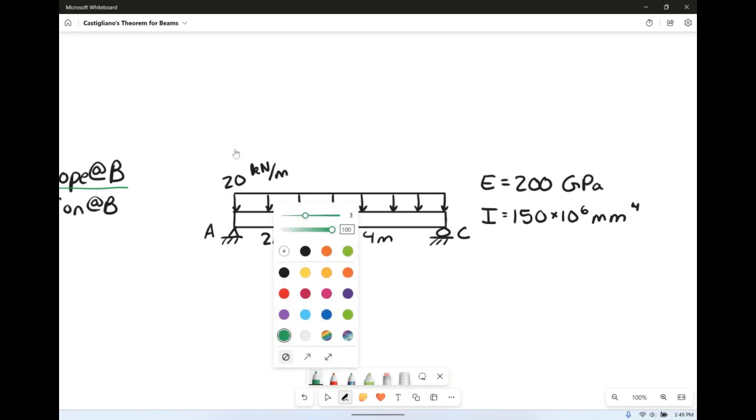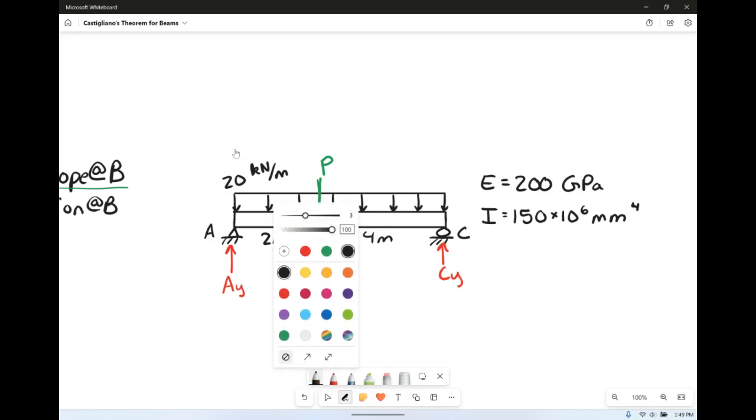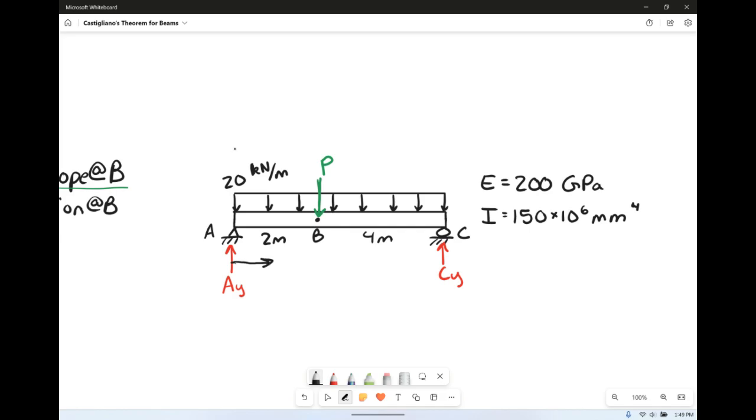So this time we're going to do a point load of P. Same thing, we're going to start the whole thing all over again. So we've got AY and we've got CY. Again, we're measuring X as they told us from the left to the right. So nobody actually cares at all about CY. Sorry, bud.